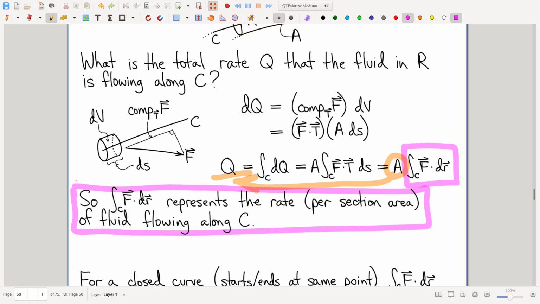Any questions about that? Yeah. Kind of similar to this question. Is there some relation between this and flux? Maybe knowing one, you could figure out the other. The problem is that they're about different things, right? So flux requires that we have a fluid flow, the same fluid flow kind of a thing. But flux requires that we have a surface, and we're interested in how much it's flowing through the surface.